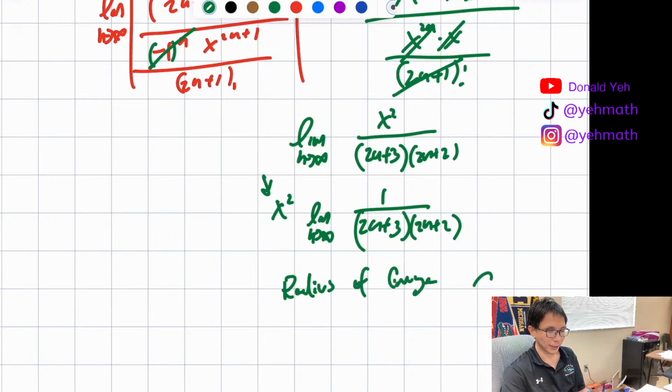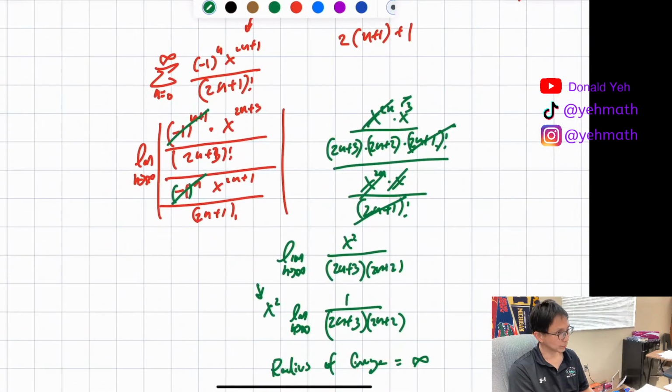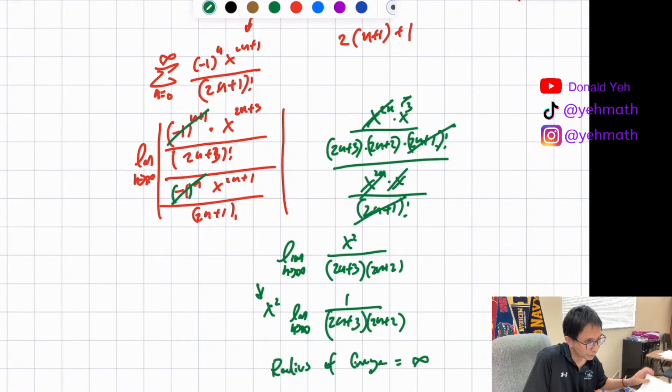Is it infinity? Why is it equal to infinity? Yeah, it doesn't matter what I plug in for x, right? I can plug in anything for x, and it's still going to be exactly divided by infinity. Can you go back to the first part of the function? I think I wrote something down. It was negative 1 to the n, x to the 2n plus 1 all over.